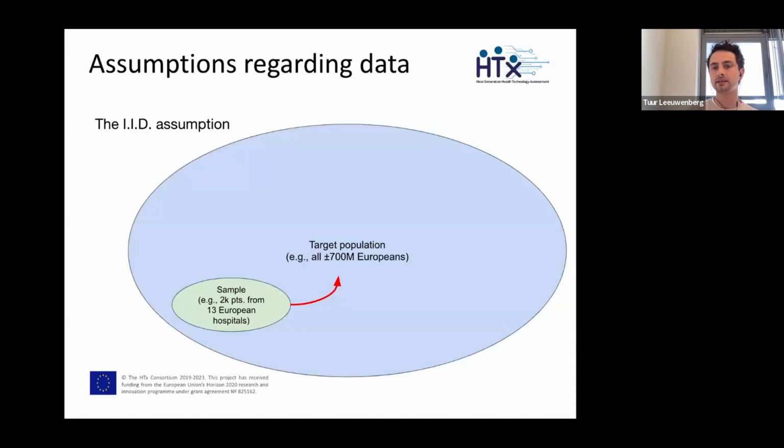And the identically distributed part, the second I of the IID, is that the sample or the data that you use to develop the model is identically distributed as the data, or as the patients, for which you want to apply the model. So that means that it really has to be representative, otherwise it is not identically distributed.